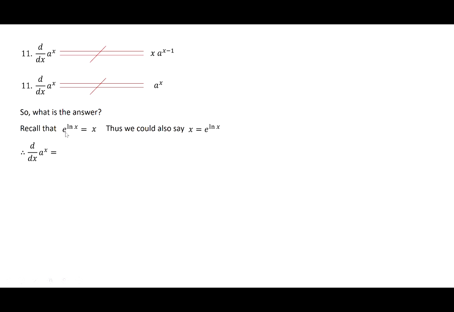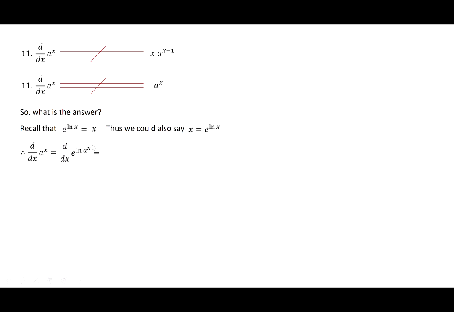Let's give it this complex idea. We're going to call it e to the natural log of a to the x. Isn't that interesting? A simple a to the x, we write in a slightly more complicated version, e to the natural log of a to the x. Of course, they're both the same.